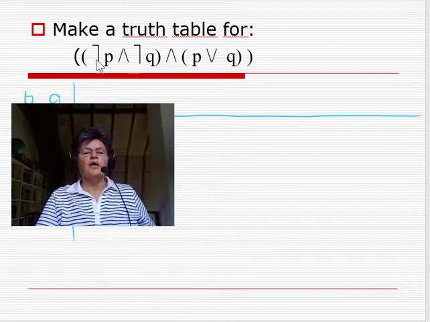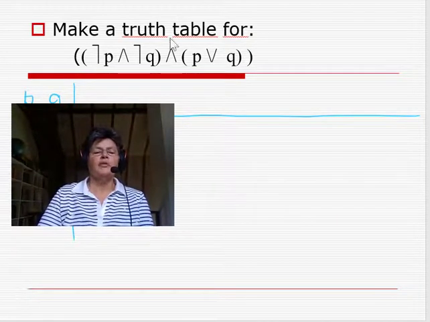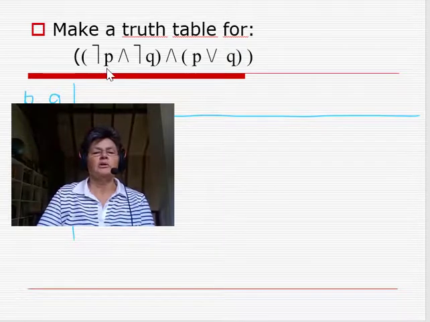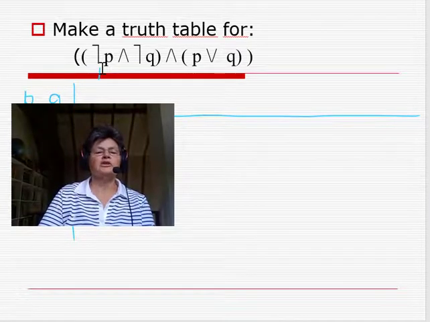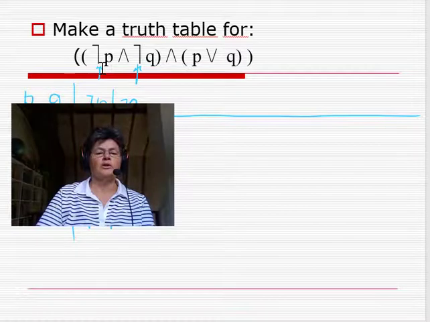Let's have another exercise. So they want us to make a truth table of this complicated compound statement. Well, let's just strip it to the basic. So let's start with not P. So that would give us 0, 0, 1, 1. And then not Q. So that would give us 0, 1, 0, 1. And let's combine.